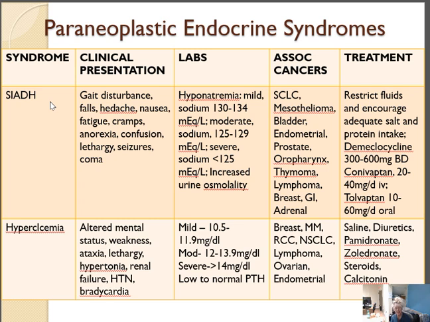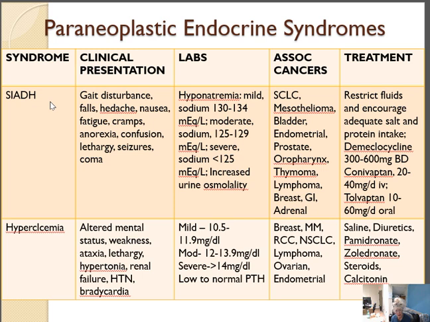So if vasopressin is consistently being released from the posterior pituitary into the bloodstream to keep water in our body, the kidneys can't excrete free water, and they have trouble concentrating as well. So we get a mild hyponatremia, right?